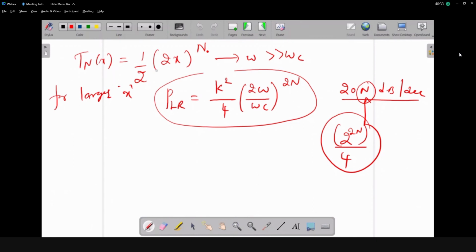So there we get 20 n dB per decade for omega greater than omega c, and it also happens in this case. But whenever we have the pass band in this case, the insertion loss increases with respect to this value, that is 2 power 2n divided by 4.